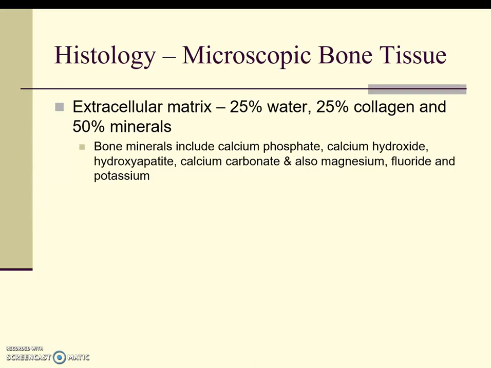But certainly calcium is the most important. So you can see that calcium makes up the great majority of half of the bone's extracellular matrix. So half of it is water and collagen. The other half is mostly calcium type compounds.